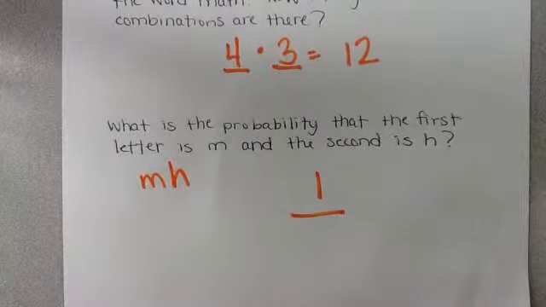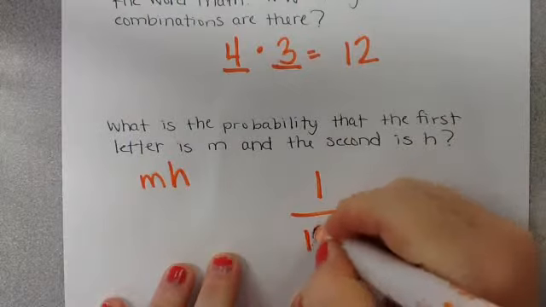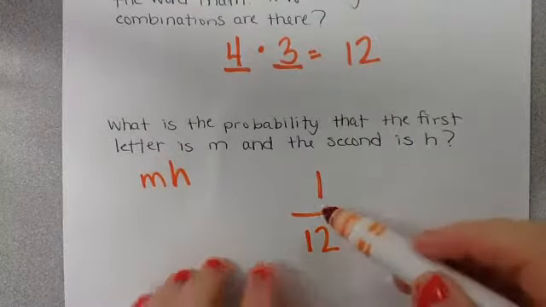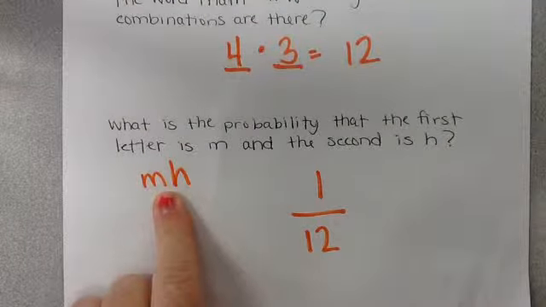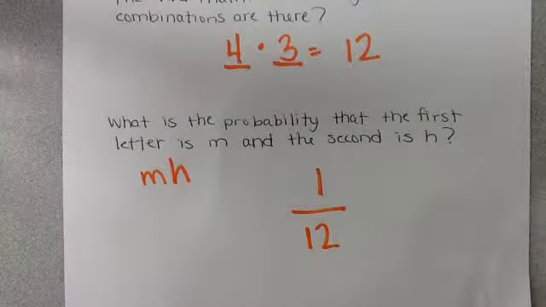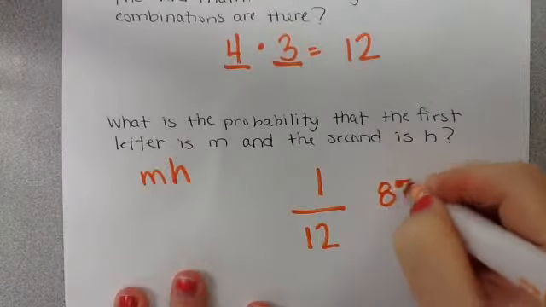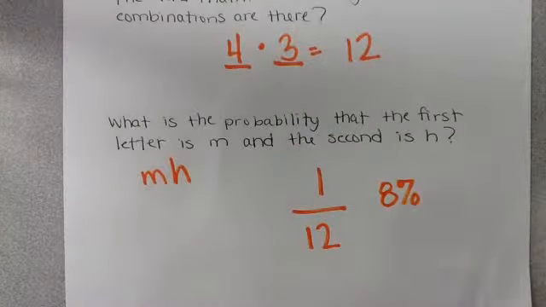Out of how many total did we say there were? 12. There's 1 way right here to get M then H out of the 12 possible that we just found. What is this as a percent? 8% chance of picking the M then the H.